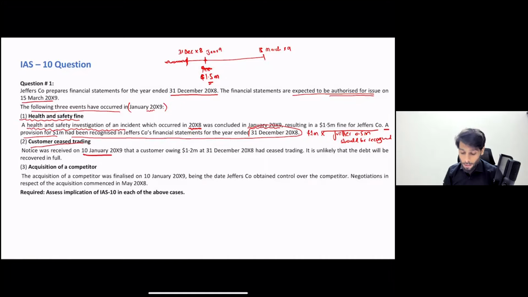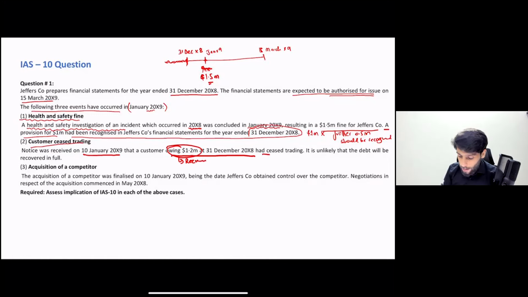So it is within the purview of IAS 10 that a customer owing $1.2 million at 31st December, so this means a receivable was there, had ceased trading. It is unlikely that the debt will be recovered in full. So the conditions definitely existed at the end of the reporting period.